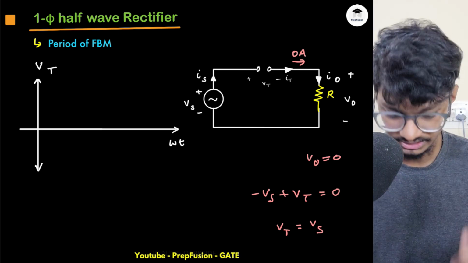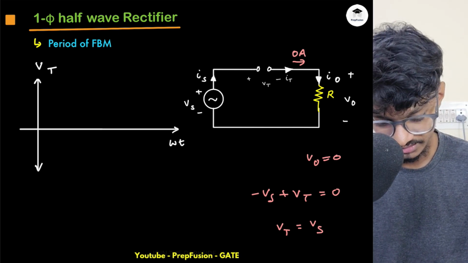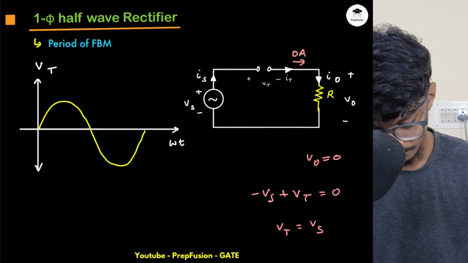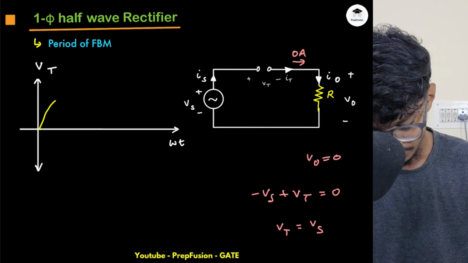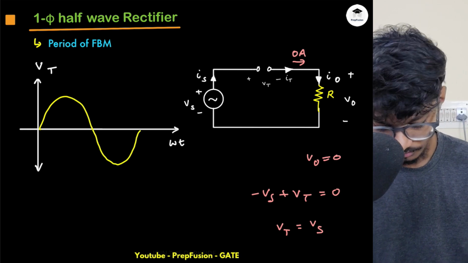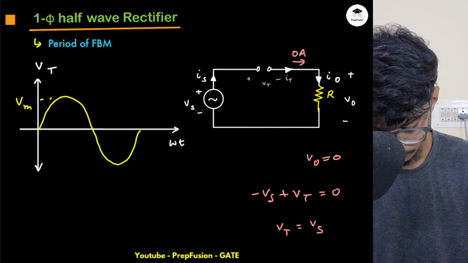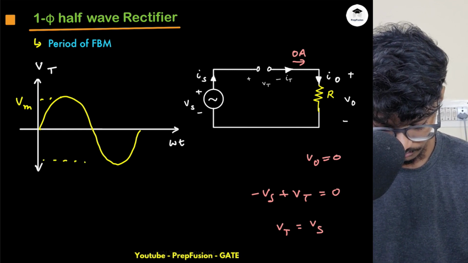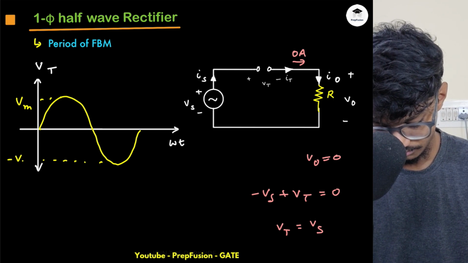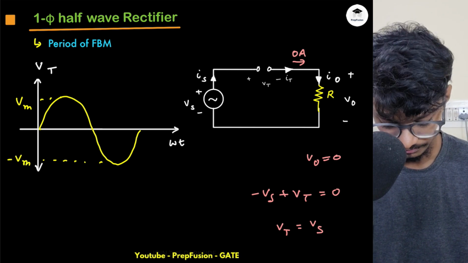What is my VS? VS is simply a sinusoid, and I have already explained this previously as well. We'll do this again. I'll just draw a rough sinusoid. What I observe is that this is Vm, and this is minus Vm.